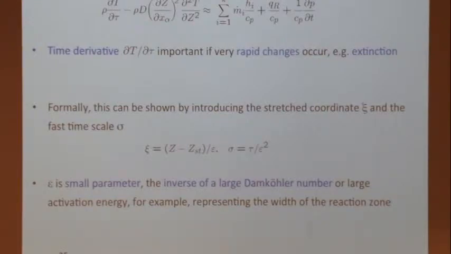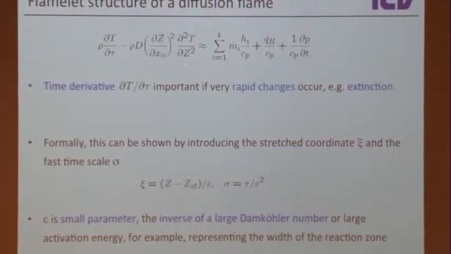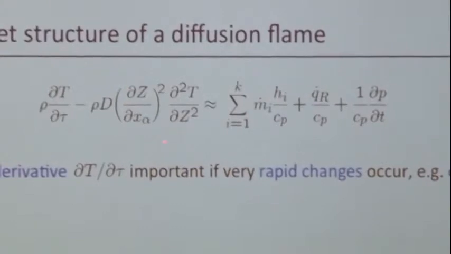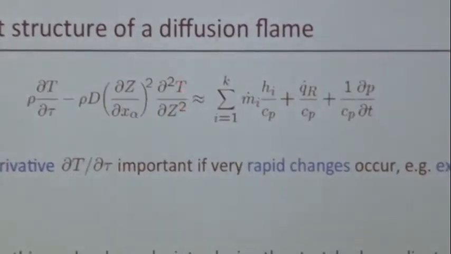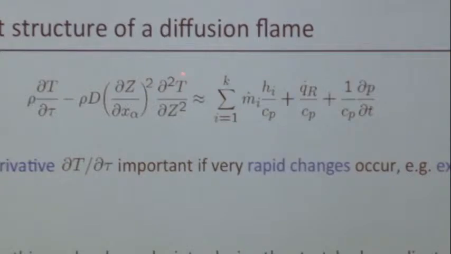So when you go back to this, what the dissipation rate does here really, it tells you how large, so this here doesn't tell you how strong the gradients are in physical space, and this here tells you how strong the gradients are in physical space. This is the gradients of mixture fraction in physical space times the gradients of temperature with respect to mixture fraction.